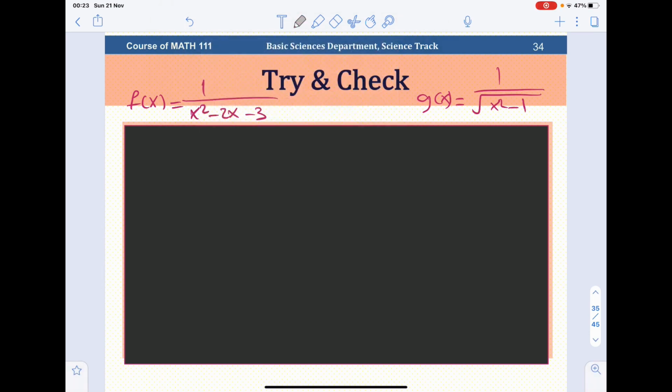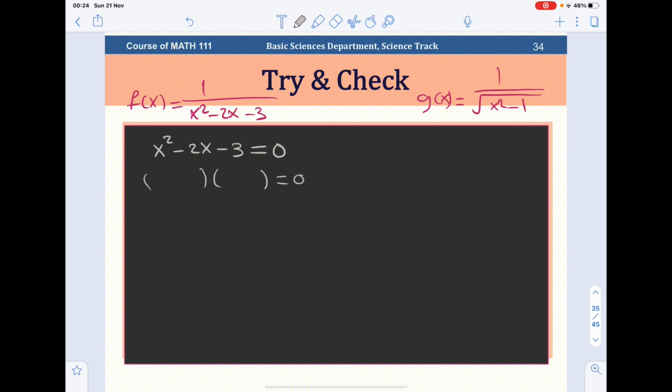Since we have a quadratic in the denominator, we want the denominator to be a non-zero value. So let's find the zeros of the denominator, then we will exclude them from R. So what's the value that makes the denominator equal 0? Let's factorize this one.